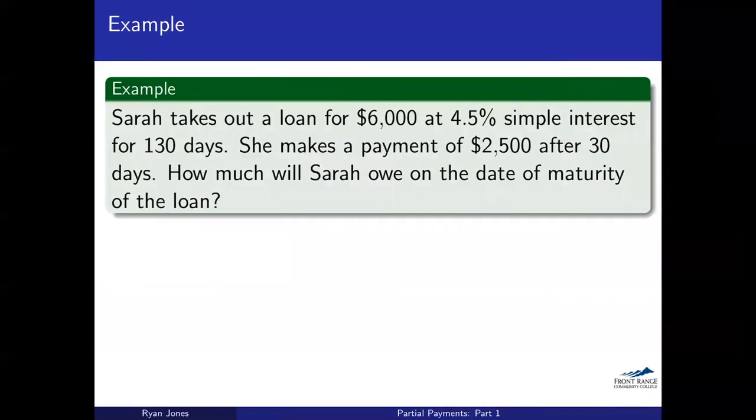So let's say that Sarah takes out a loan for $6,000. And so I'll mark that here as my principal P. And there is an interest rate of 4.5%. And again, as we've stated, that 4.5% is assumed to be per year.